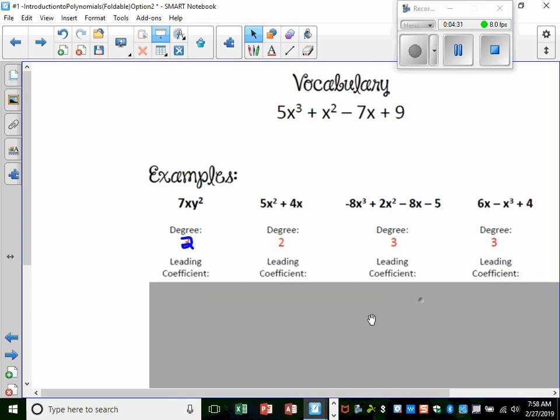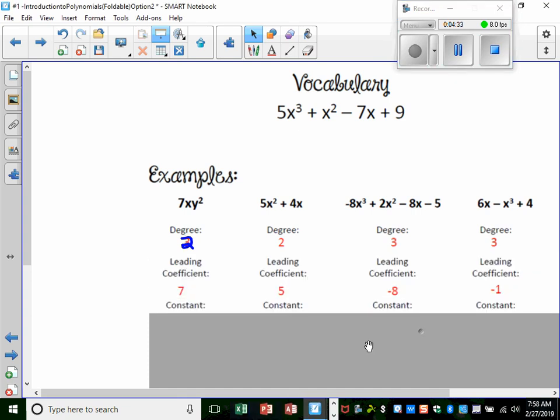Okay. Now, leading coefficient. Okay, what does that mean? The leading coefficient is like here, the first one you see. Leading means it's the first one in this case. Here, it will be a 7. Okay, for the degree of the 2, the leading coefficient is 5.